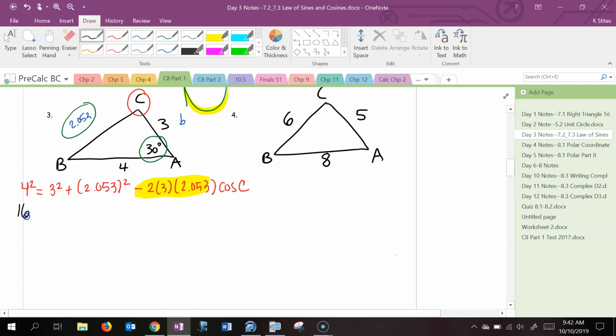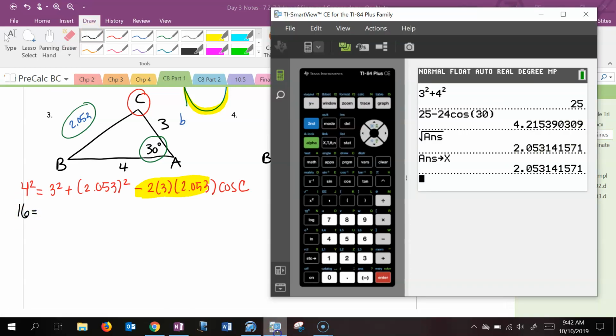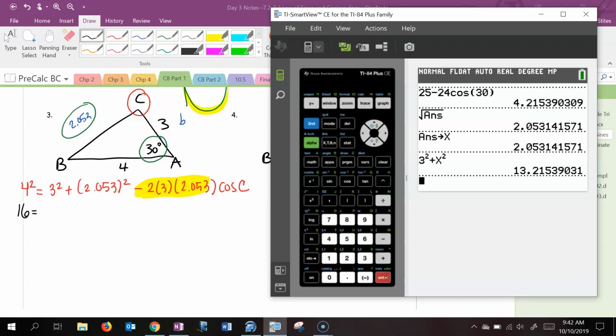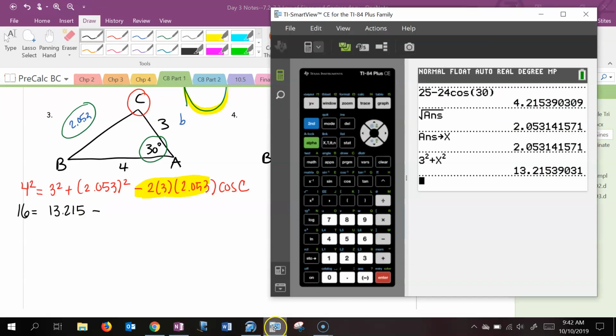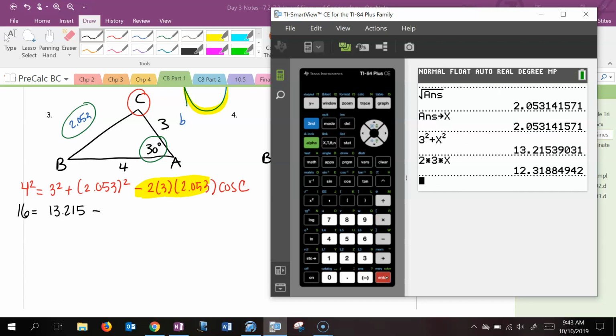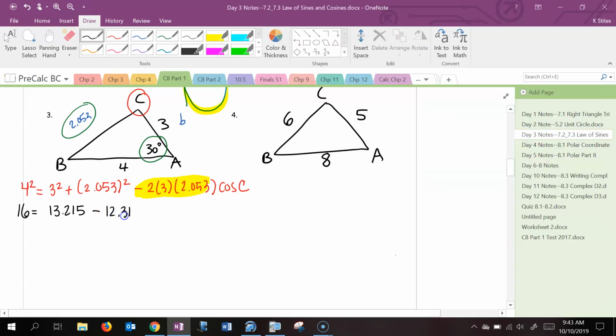This is 16. 3 squared plus that is 13.215, and this is a little obnoxious to keep it all exact, minus 2 times 3 times x, 12.318 cosine C. Now we're going to subtract this over.